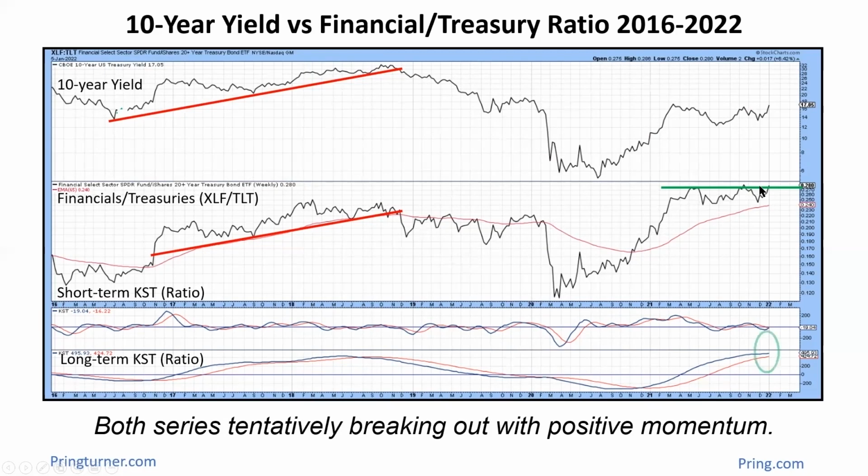Just yesterday, which was the 5th of January, you see that the 10-year yield itself broke to the upside, with the ratio just edging through the upside and looking like it wants to go higher, because not only is the long-term momentum of the ratio up, but so is the short-term momentum as well. So all this suggests that yields are headed higher. And that, of course, is a reverse head and shoulders.